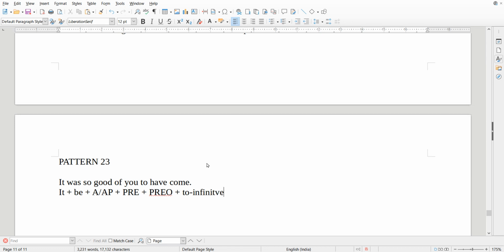So this is the structure of this particular sentence. It plus be plus adjective plus of plus noun/pronoun plus to-infinitive. That's a more specific, more narrow version of the generic one I've given you.